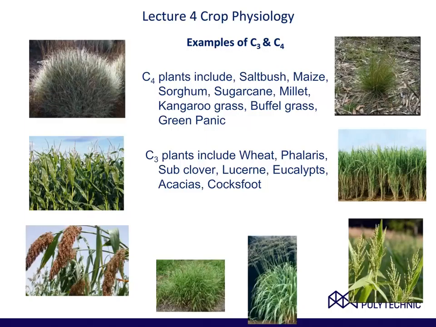C3 plants include wheat, subclover, lucerne, eucalyptus, acacia and cocksfoot, while C4 plants include saltbush, maize, sorghum, sugarcane, millet, kangaroo grass, buffalo grass and green panic grass.